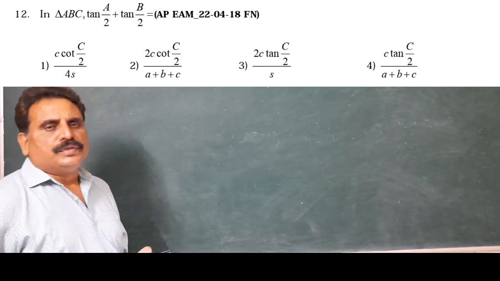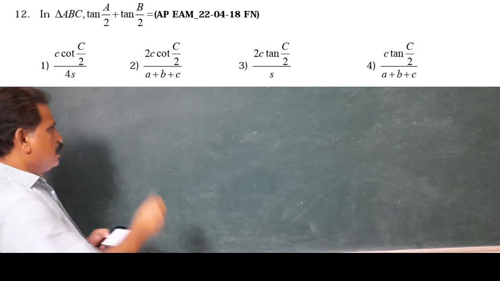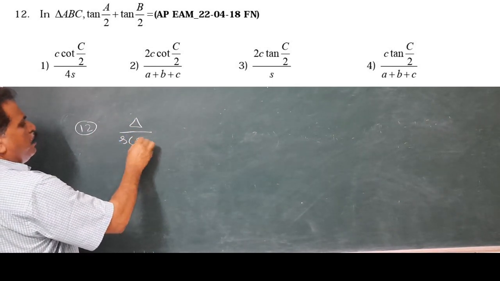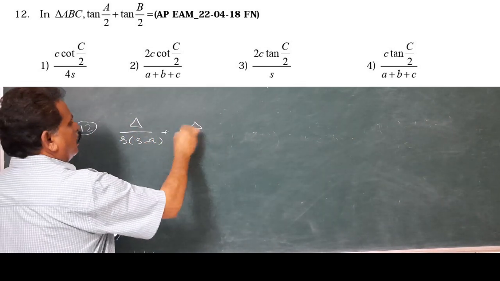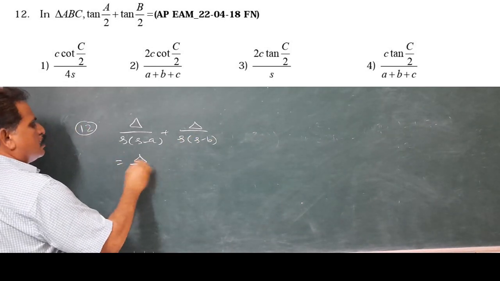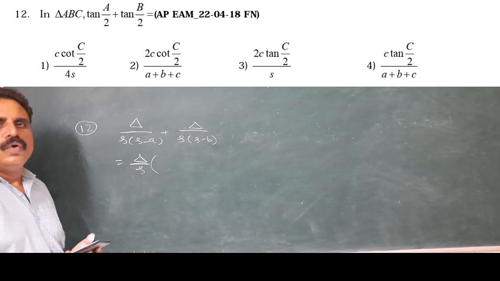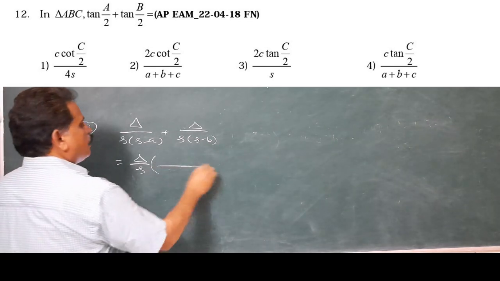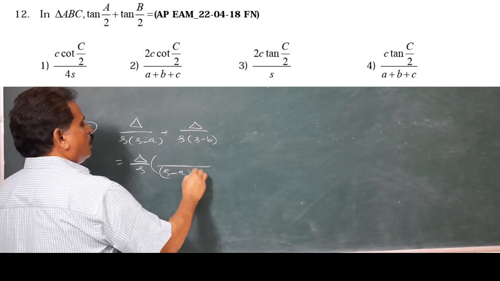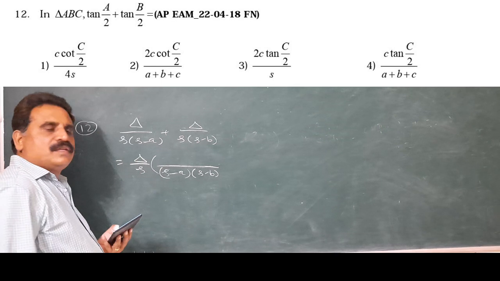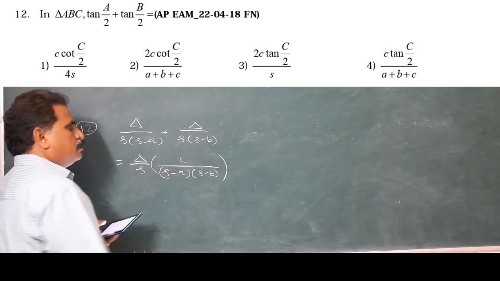Tan A by 2 is delta by s into (s minus a). Tan B by 2 is delta by s into (s minus b). Taking common delta by s, after taking common, 1 by (s minus a) plus 1 by (s minus b), taking LCM (s minus a) into (s minus b), that becomes 2s minus (a plus b), that is c.